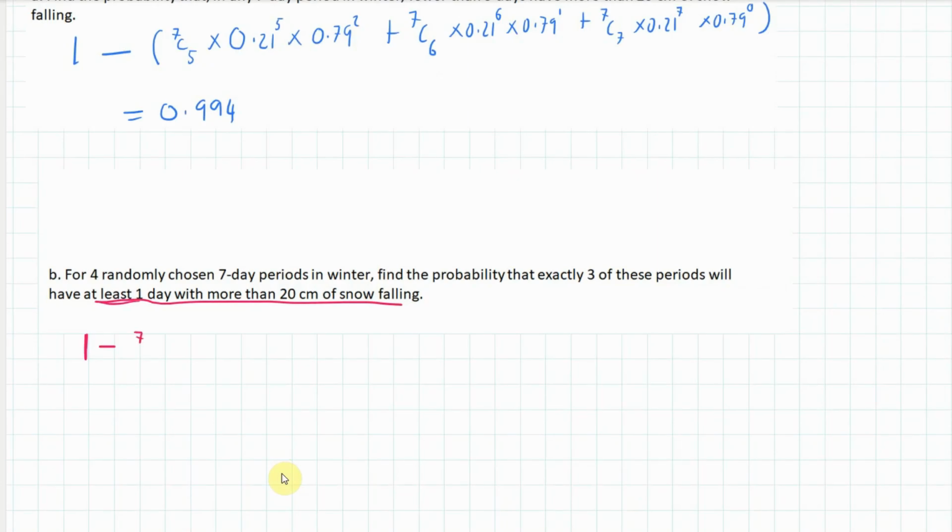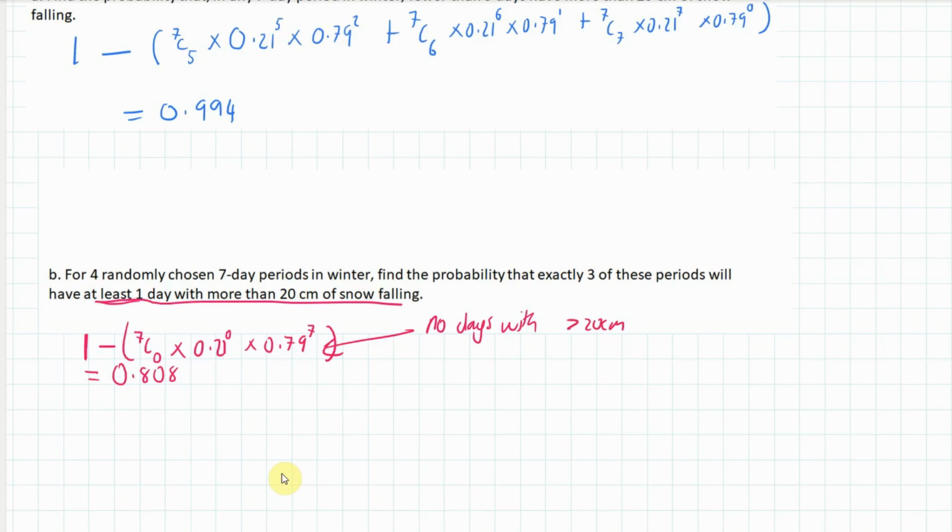So that would be take away 7 choose 0, so 0 successful days of snow, which means that the 7 days would all have less than 20 centimeters of snow. So we take that away, and that will give us a 0.808 chance that we have at least 1 day of snow falling, because we've got rid of this bit here, which is no days with greater than 20 centimeters.